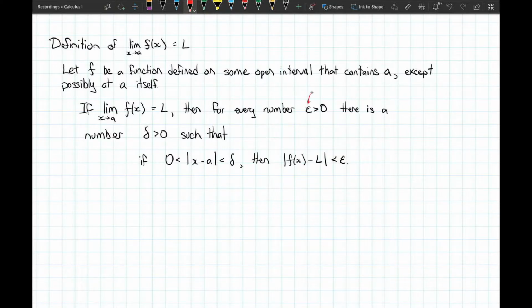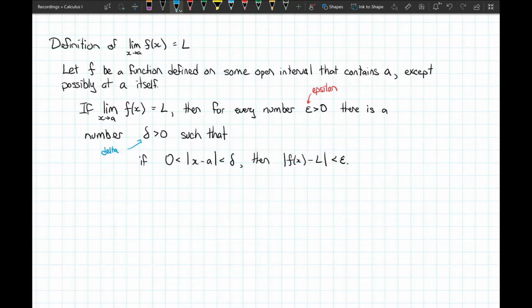Say hello to epsilon. There is a number, delta, which we just saw in my absolute value definition, such that if the distance between x and a is somewhere between 0 and delta, then the distance between the function and the value L is less than epsilon.